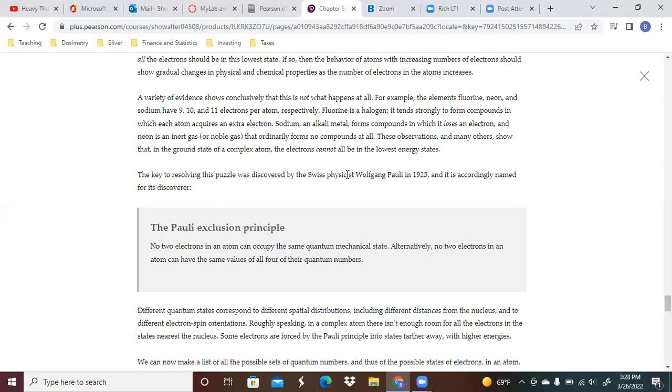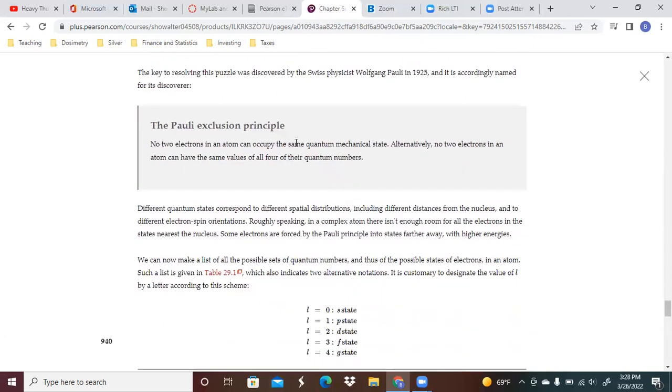The key to resolving this puzzle was determined by Wolfgang Pauli in 1925. It says that no 2 electrons in an atom can occupy the same quantum mechanical state. Alternatively, no 2 electrons in an atom can have the same values of all 4 of those quantum numbers.